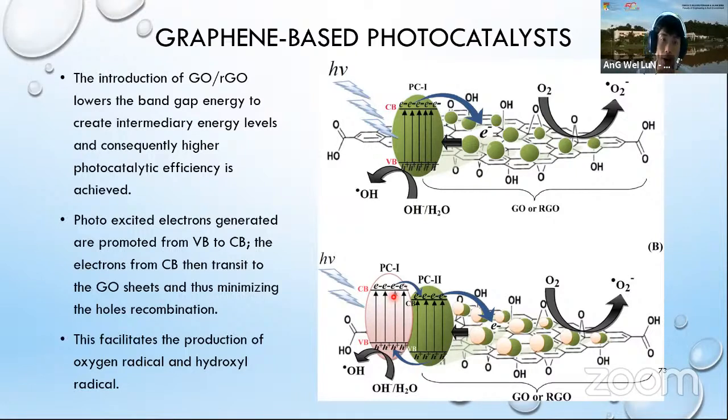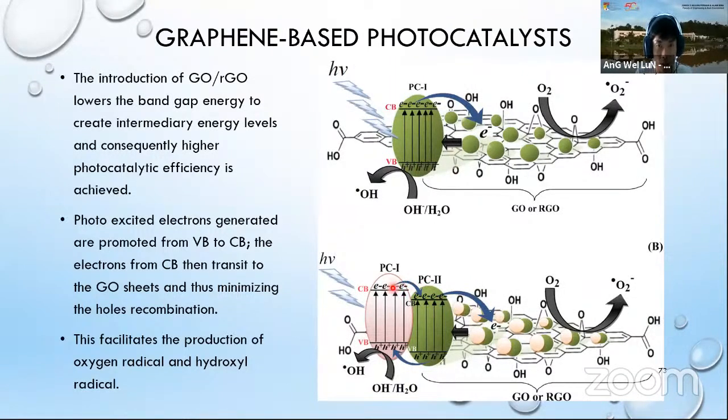So the energy required will be reduced, or the graphene or graphene oxide can act as a platform to prevent the recombination of the holes. Because if you excite the electron and it doesn't stay here for a long period of time, it will drop back here. That means the positive and the negative charge will be nullified and go back to neutral. But if you have graphene or graphene oxide here, the electron will stay longer.